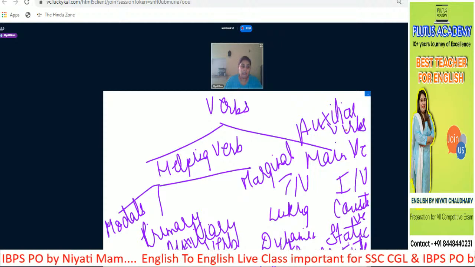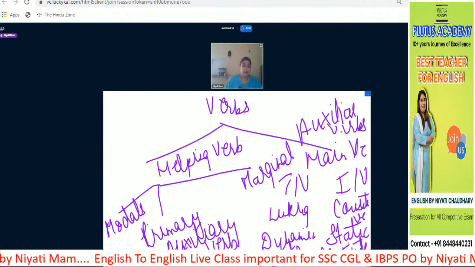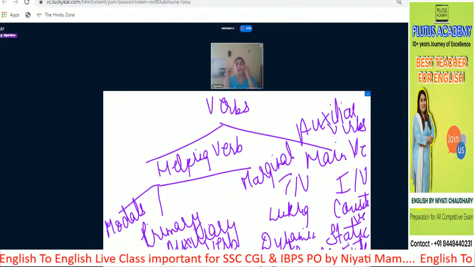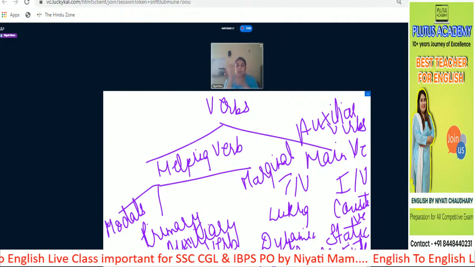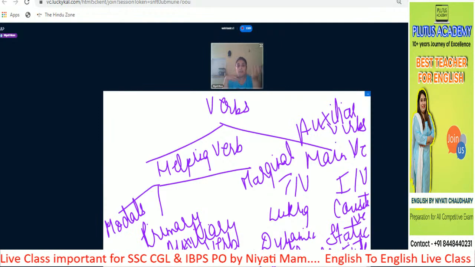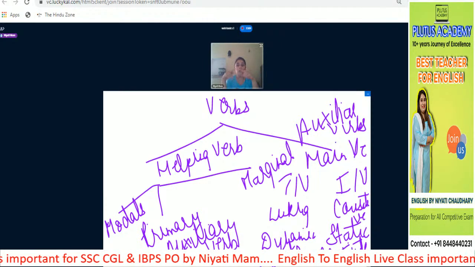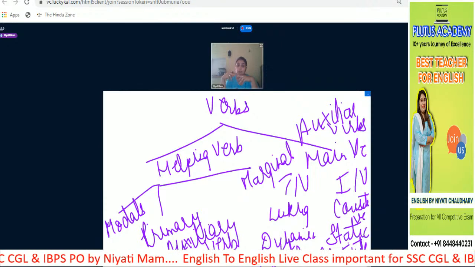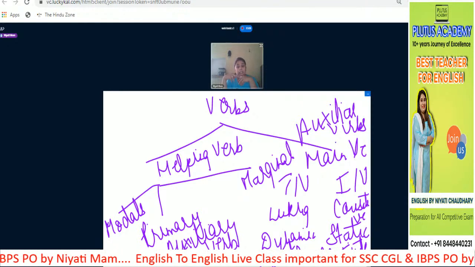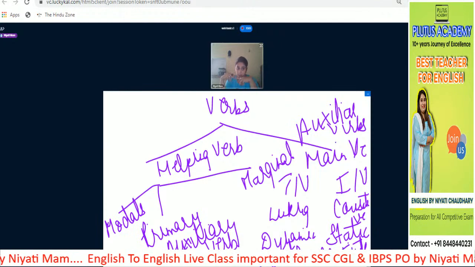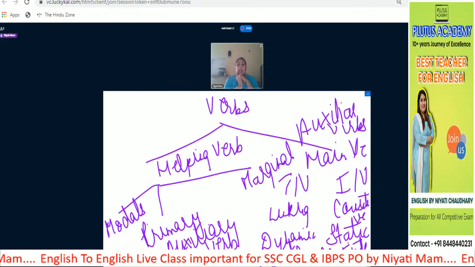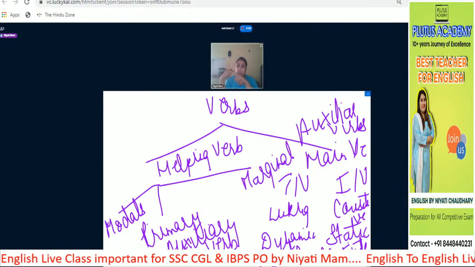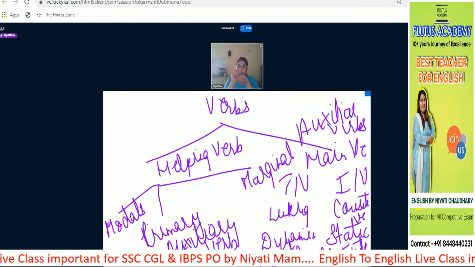Verbs are basically of two types, right? Helping verb and main verb. Main verb is further divided into eight parts: transitive verbs, intransitive verbs, linking verbs, causative verbs, dynamic verb, static verb, finite verb, and non-finite verb. Helping verbs are further of three types: modals, primary auxiliary verbs, and marginal verbs, right?